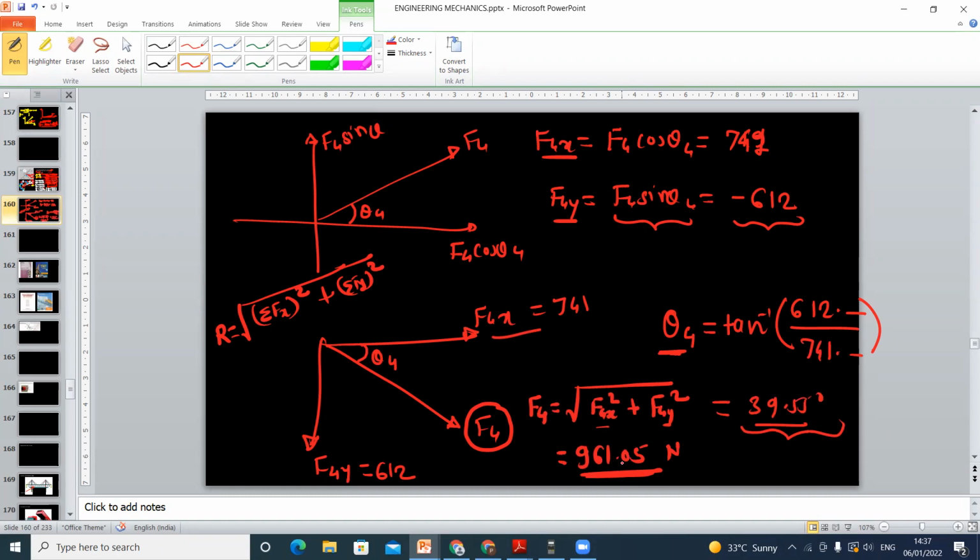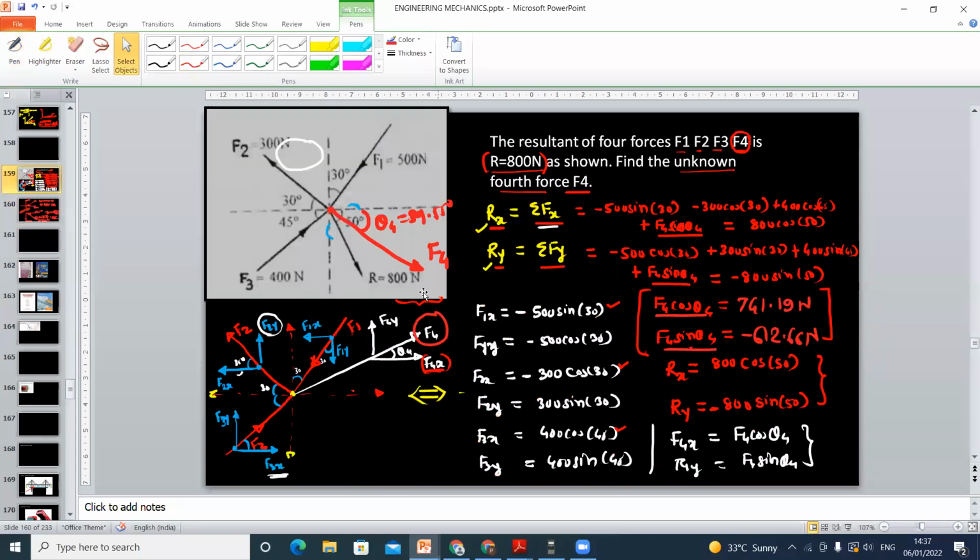So this is the net force, which is F4. Then this is the direction of that force. I think you calculated the direction in the last lecture. That direction was 39.55 degree with respect to positive x-axis.